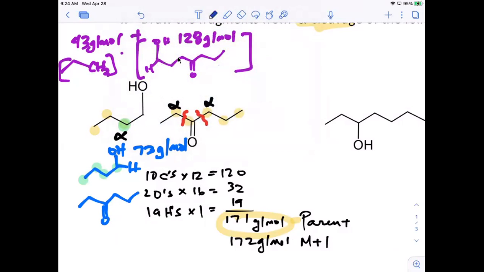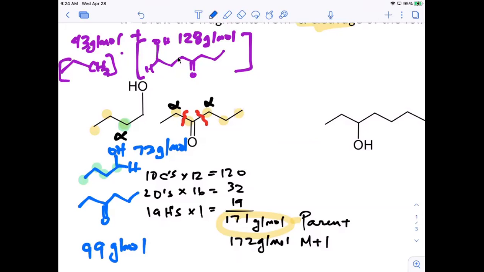Would it be 99? Right, so 99 grams per mole for that piece.